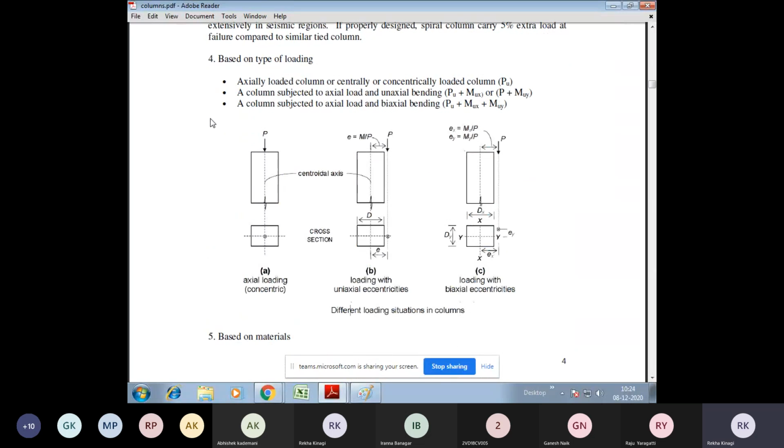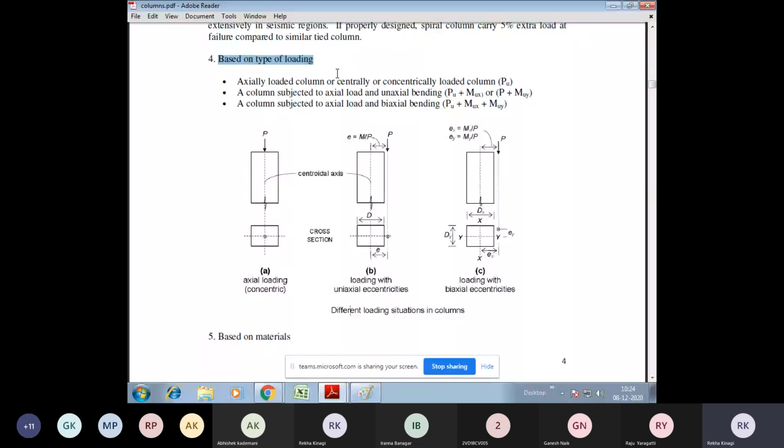Now, most importantly, based upon the type of loading, the column can be classified into three categories. That is axially loaded column, or centrally or concentrically loaded column.